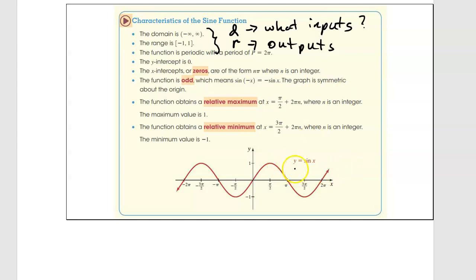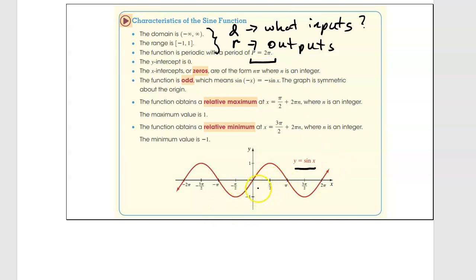This is only for the y equals sine x definition of it. You'll see definitions in the next two objectives that change this maximum and minimum. But for now, when we're just dealing with y equals sine x, our maximum is 1 and our minimum is negative 1. This is because of the unit circle. You can think of it like that. So the function is periodic with a period of p equals 2 pi. That's what we just went over.